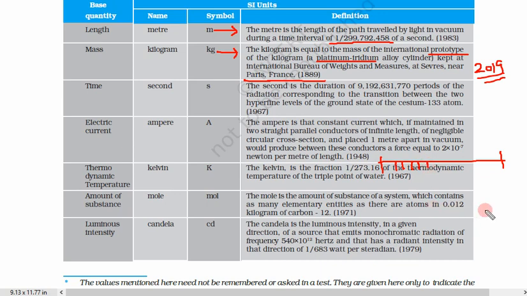Once meter is known, we know centimeter. So we make a cube of 1 centimeter by 1 centimeter by 1 centimeter. This is 1 centimeter cube.